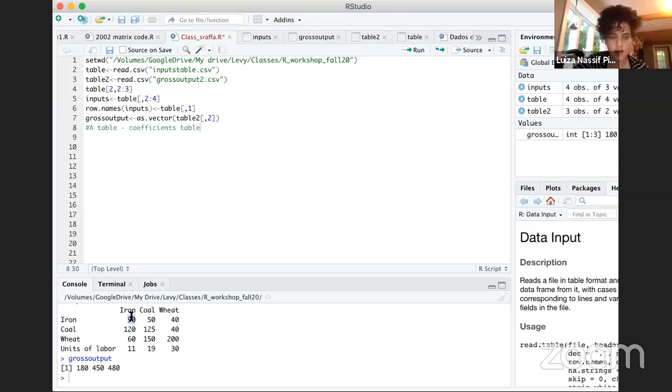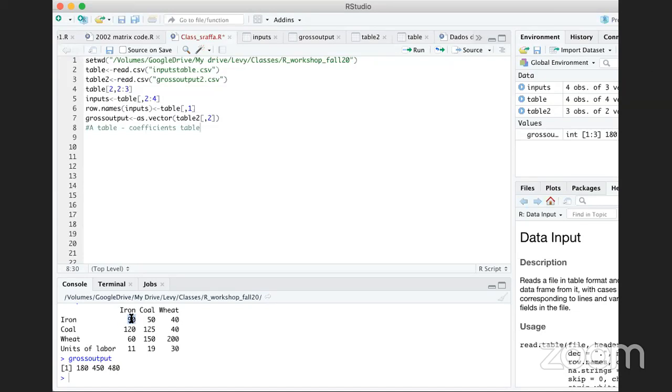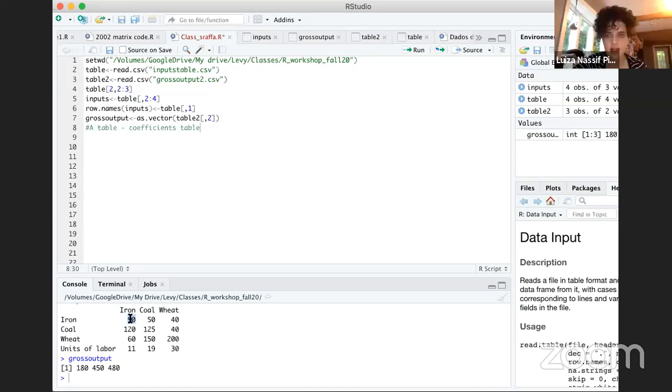So on iron, instead of having a 90 here, I want to know per each gross output unit, how much iron is there. So each one of these, instead of being iron quantity, is going to be units of iron per unit of iron.